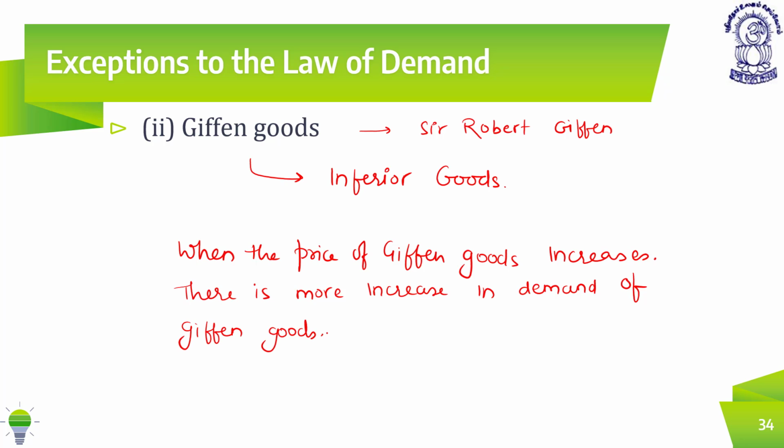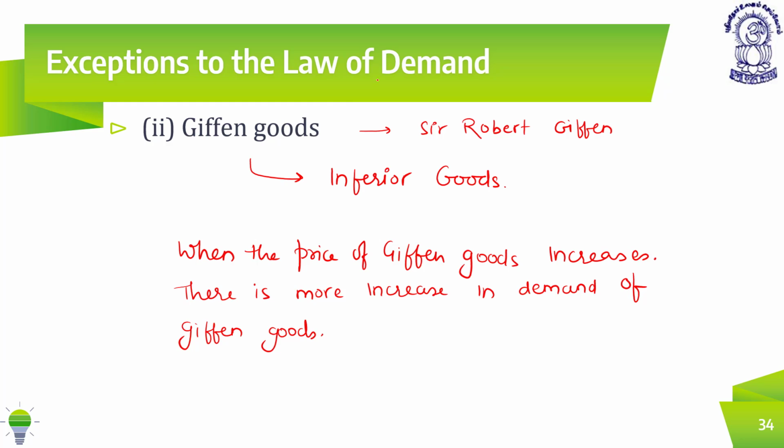Why does it happen? Because students, you should understand that the price of inferior goods is increasing, so the price of normal goods will also increase simultaneously. And because the price of normal goods will increase, those people who are able to afford normal goods will not be able to afford normal goods. So the ones who were not affording it earlier will stay in this category.